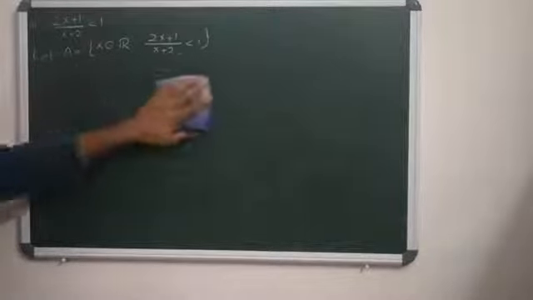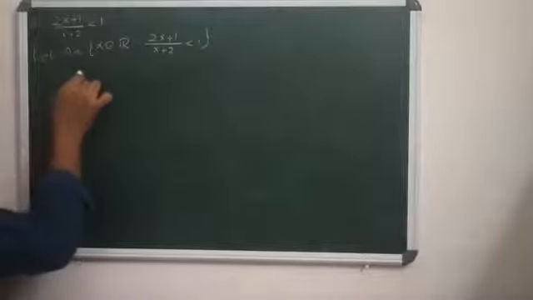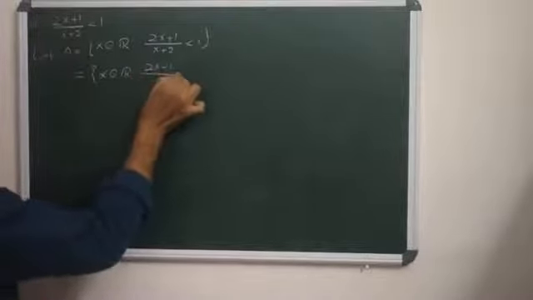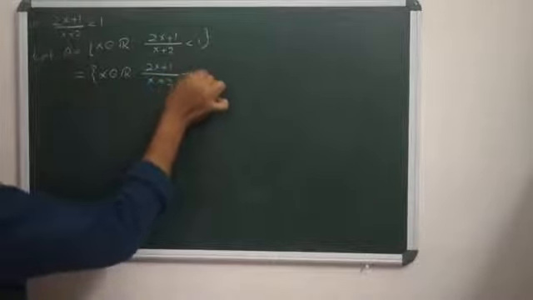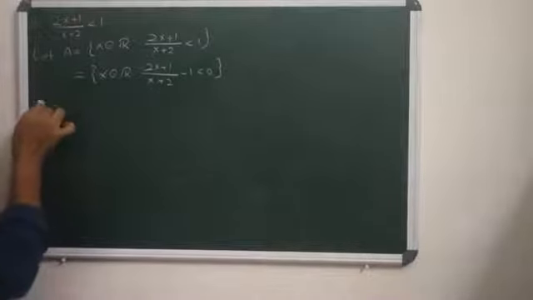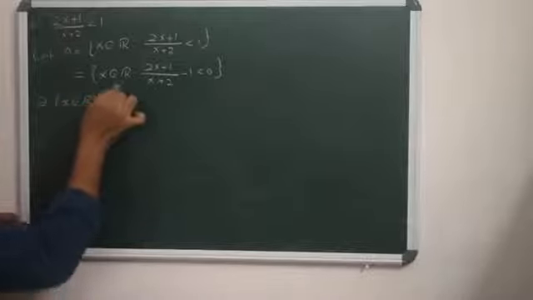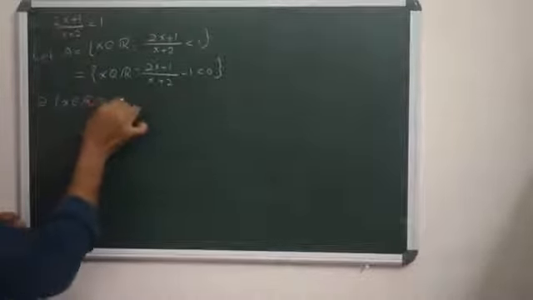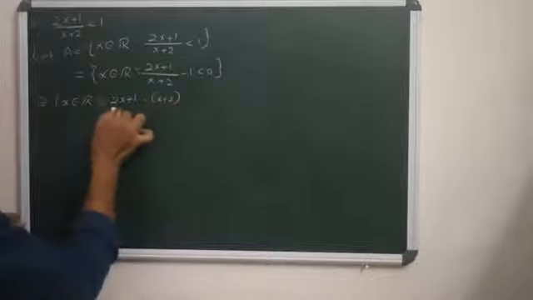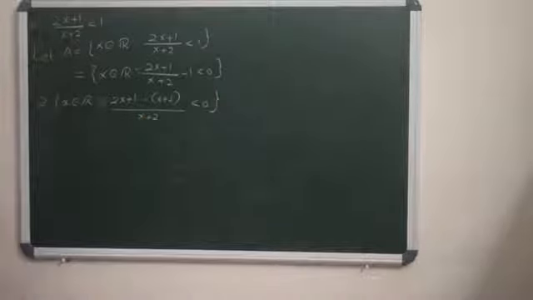Or it is a set of all x in R such that 2x plus 1 by x plus 2 is less than 1. Okay, that means the set of all x in R such that 2x plus 1 by x plus 2 minus 1 is negative. That means it is the set of all x in R such that 2x plus 1 minus of x plus 2, divided by x plus 2, is strictly negative.